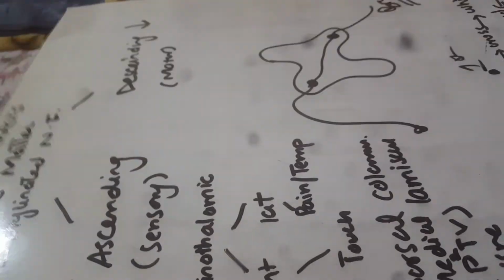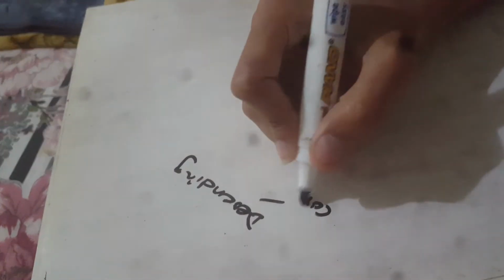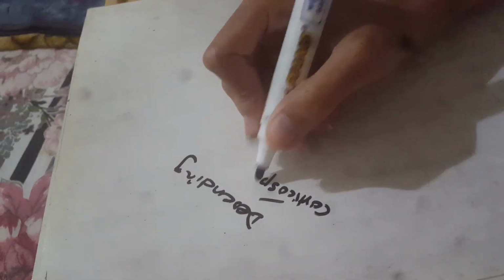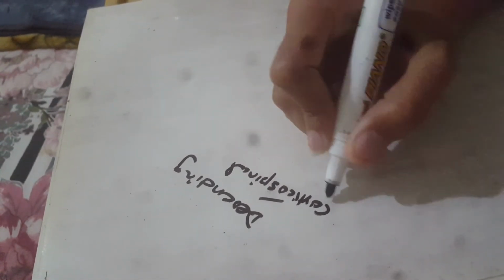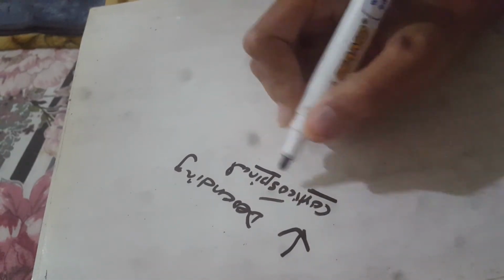Then here comes the descending. Here I'll explain the descending tract. We have the corticospinal tract. The name determines it: cortico, from the cortex to the spinal cord, so it is coming down, right?